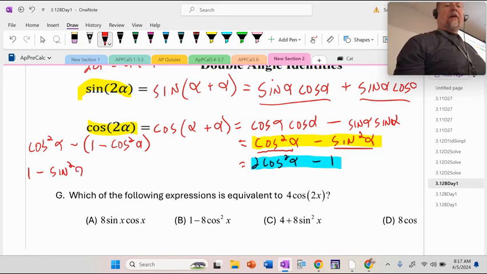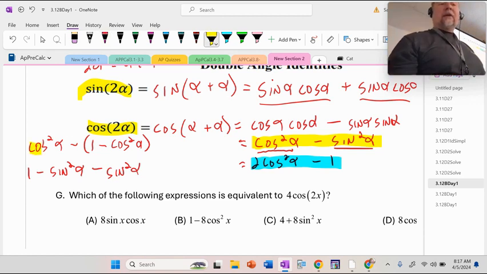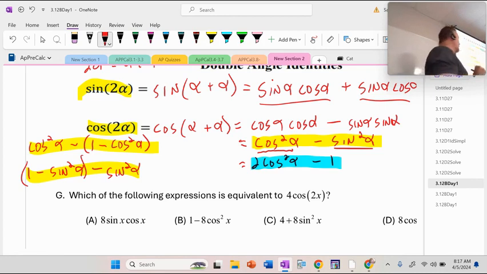So go back to the original yellow. And I guess I will highlight this in yellow. I took the yellow and I did two different manipulations with it. I did two different changes, and I'll highlight that with the parentheses there. So I changed that cosine squared now to 1 minus sine squared because that's what it is equal to in the Pythagorean identity sense.